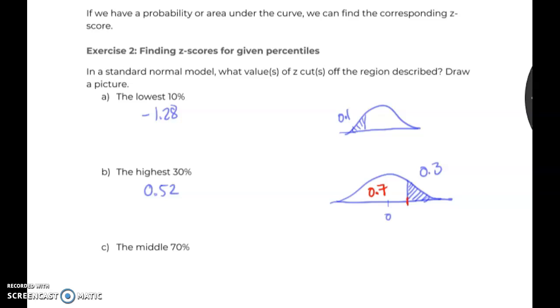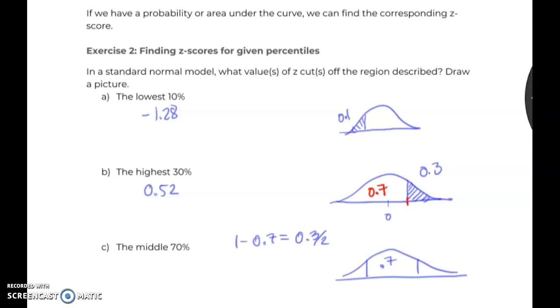And then the last one is looking for the middle 70%. This is where we put in 70% right in the middle. Then we're going to look at what other areas we have given over here. With 70% in the middle, that means we have 30% in both of those tail regions.